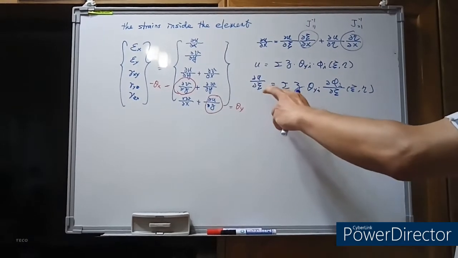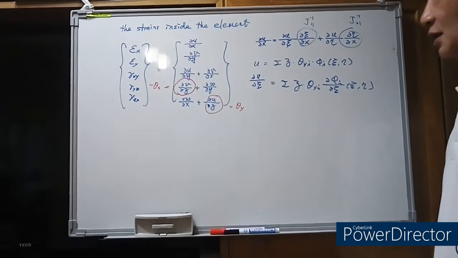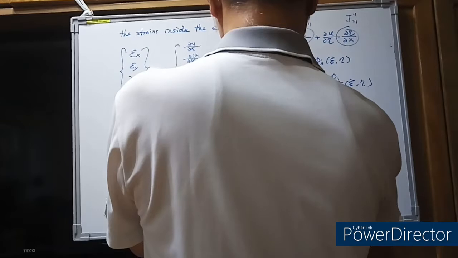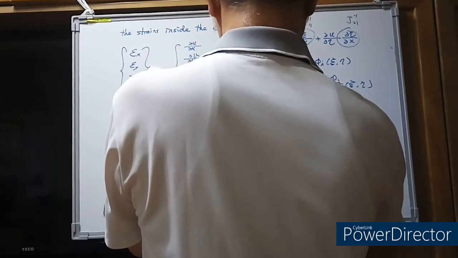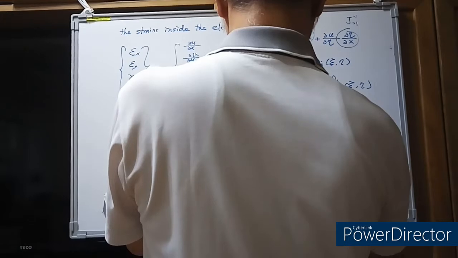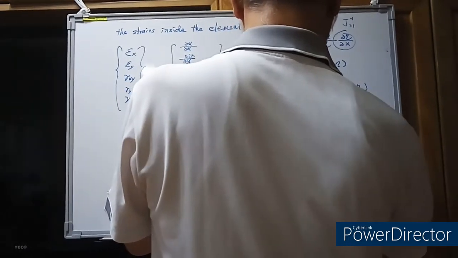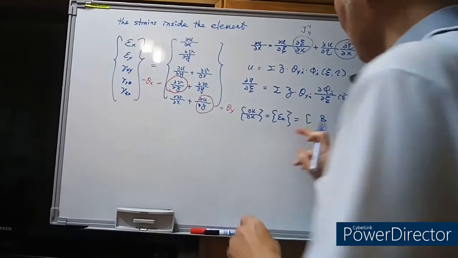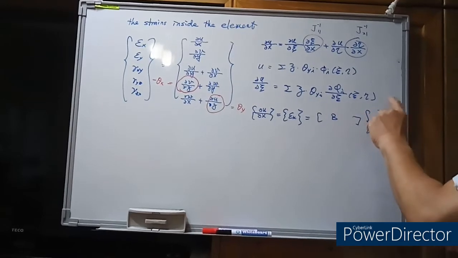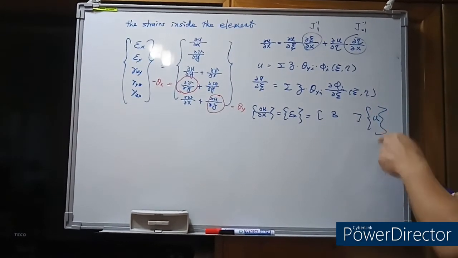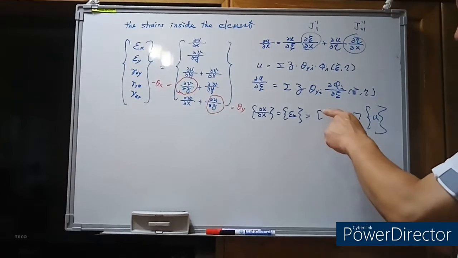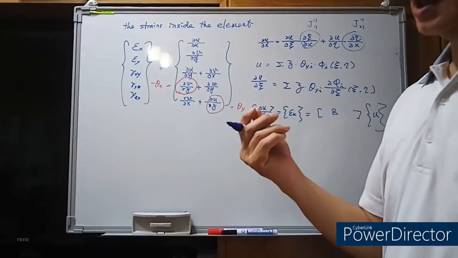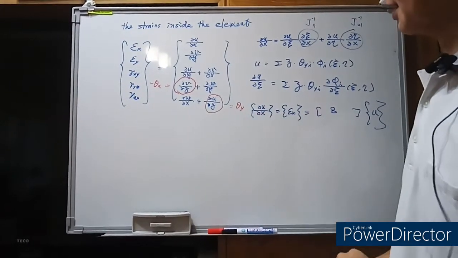So we can calculate these terms, also this term, and then we can derive, if we put all the nodal displacements in the U vector, what elements it needs to be multiplied by to give you the epsilon x.